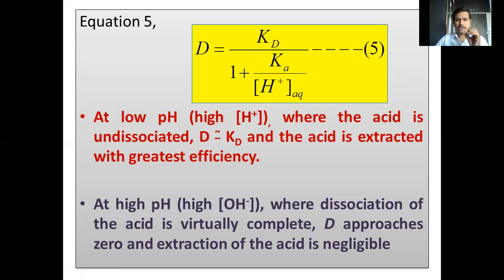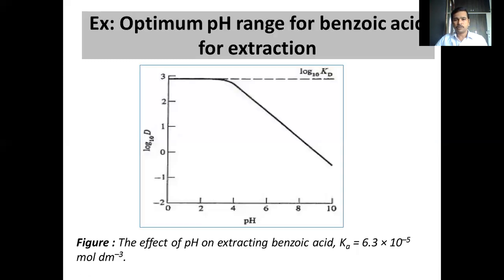That is because to maintain a carboxylic acid in the unionized state, if you use a higher concentration of hydroxyl ions or higher pH for the aqueous layer, the D value will approach 0 and the extraction efficiency will become negligible.